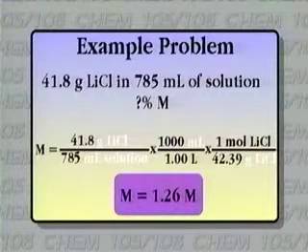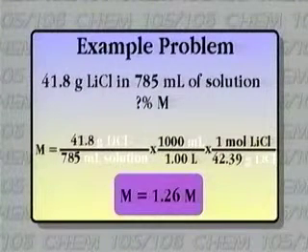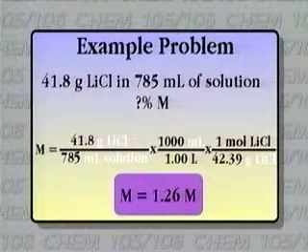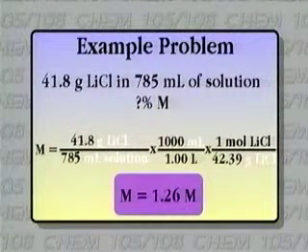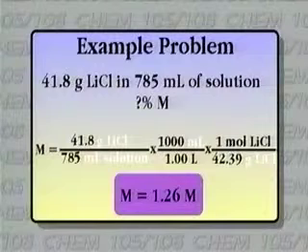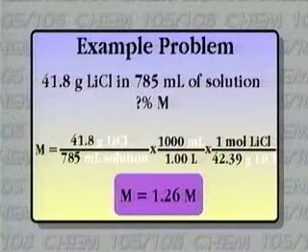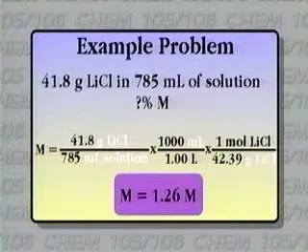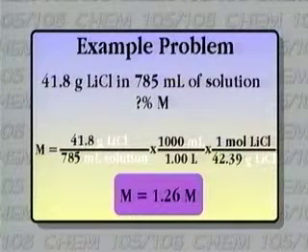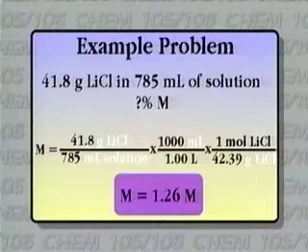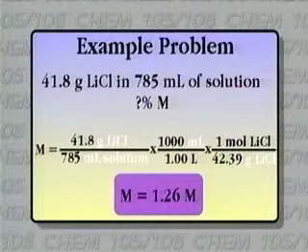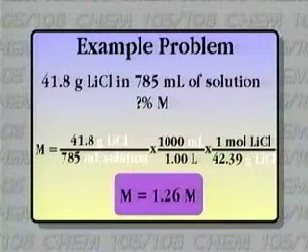And we end up with a molarity of this solution equal to 1.26, I guess we're limited to 3 significant figures, 1.26 molar solution is our answer. Any questions on any step of that particular problem?